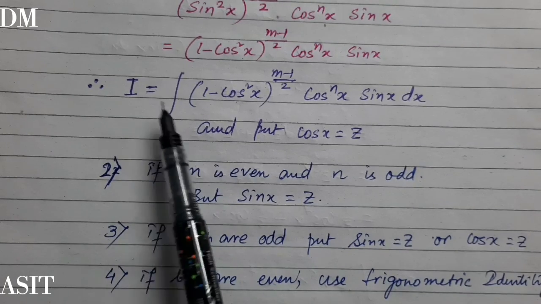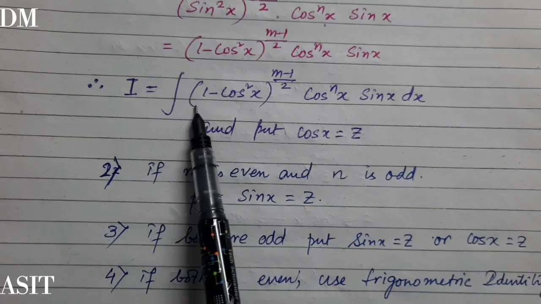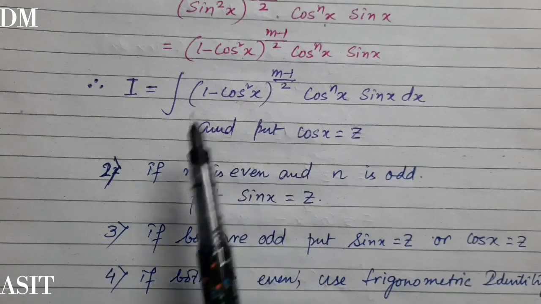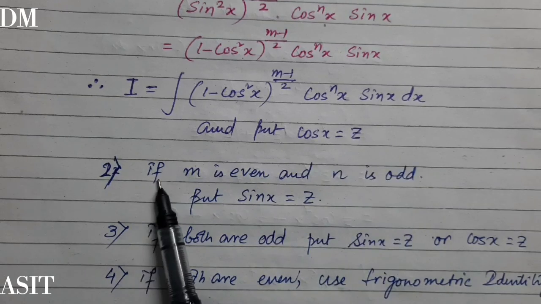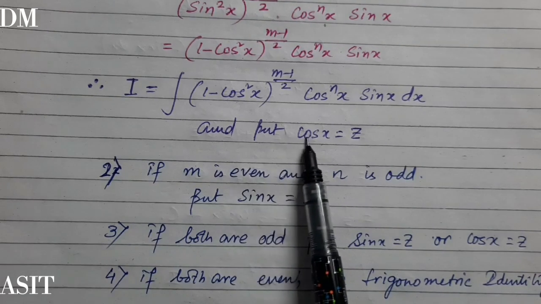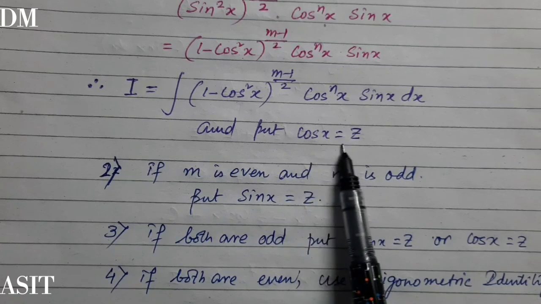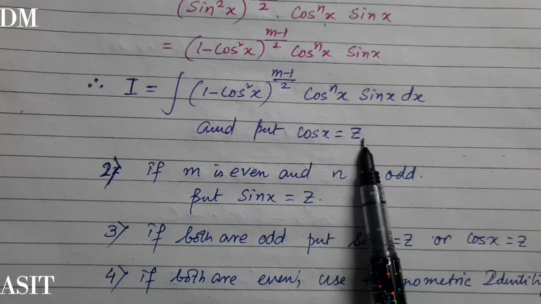So in the integration it will be 1 minus cos square x whole to the power m minus 1 by 2 into cos to the power n x into sin x dx. Now simply I will put cos x equals to z. Now if I put cos x equals to z, it will be minus sin x dx equals to dz.